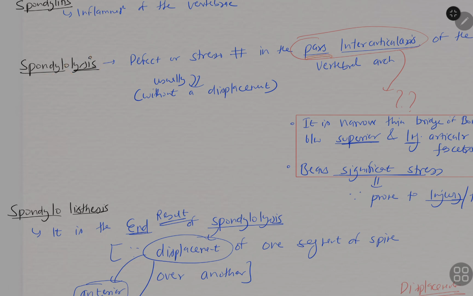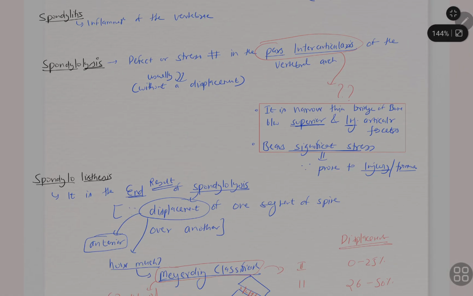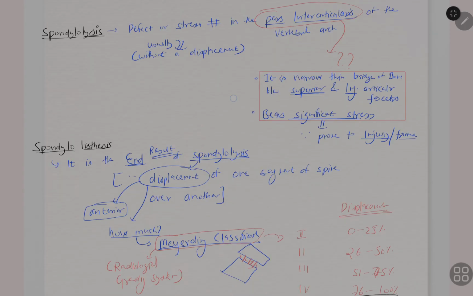and this is known as spondylolysis, breakdown of the pars interarticularis. Usually this is without displacement, but once it happens at a level that involves both pars interarticularis, there will be instability, and because of that, on doing hyperextension of the back, there will be a forward displacement, because there is nothing on the posterior side to prevent it.